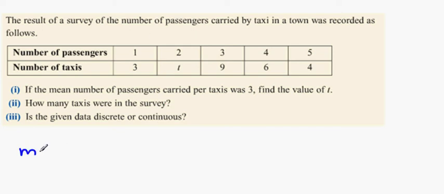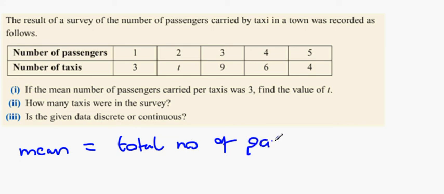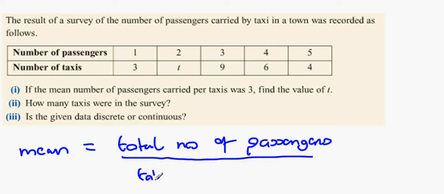Now the mean is the average, so it equals the total number of passengers divided by the total number of taxis.